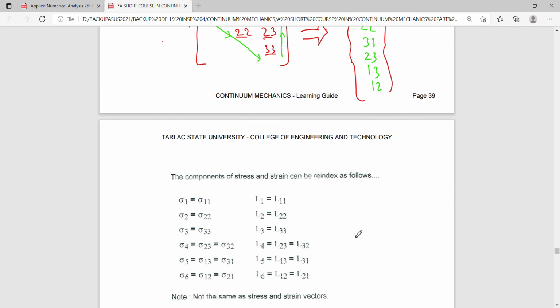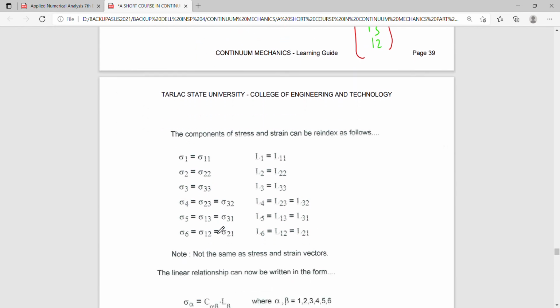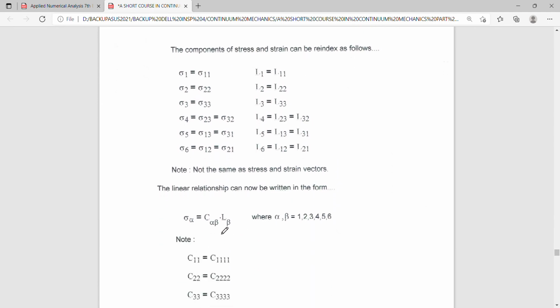Okay, so the components of the stress and strain can be re-indexed. Ito na yung sinasabi ko, no? So, re-index mo, ganyan na siya. So, magiging 6 vectorial na yung operation mo. So, vector to vector. So, this is now your equation.